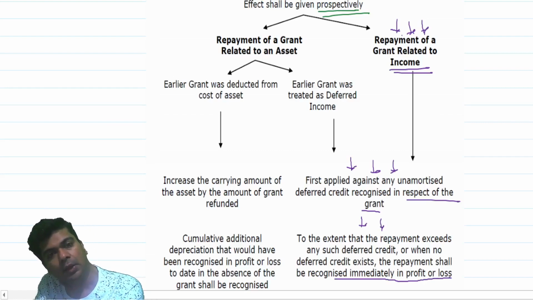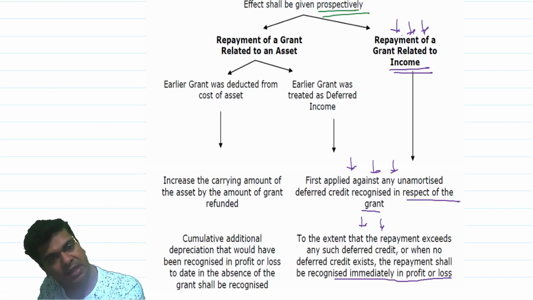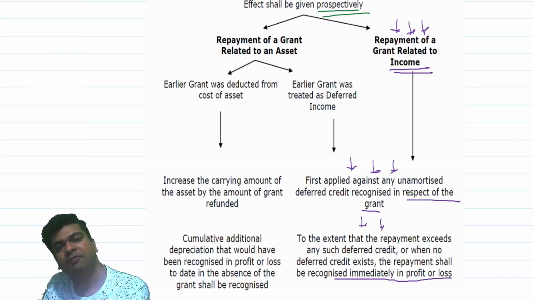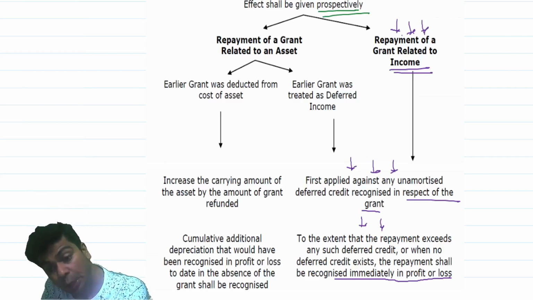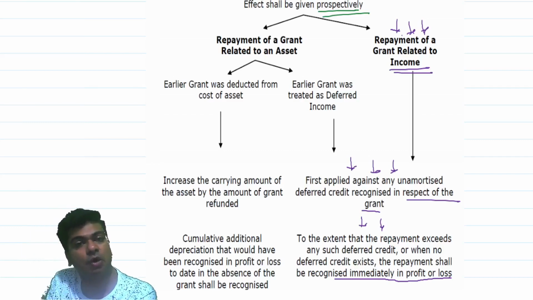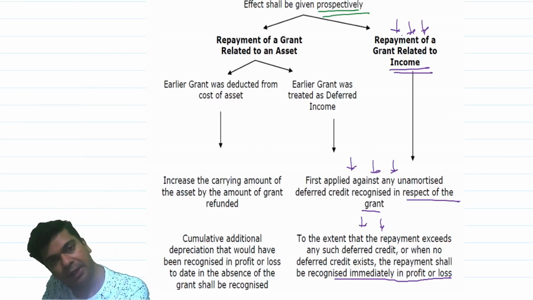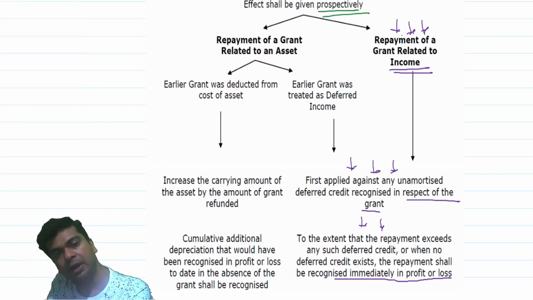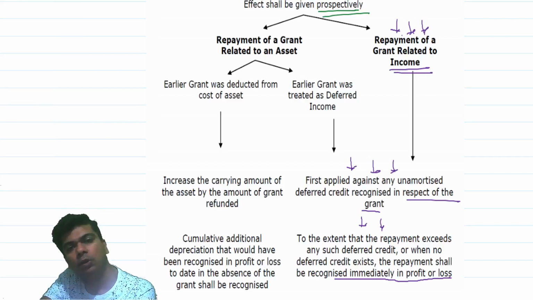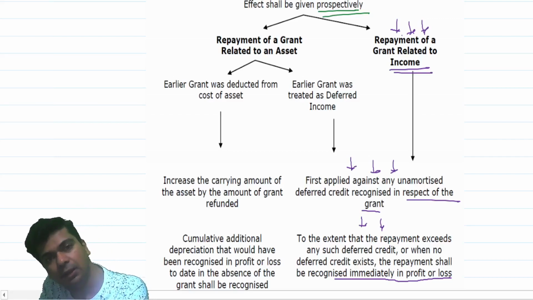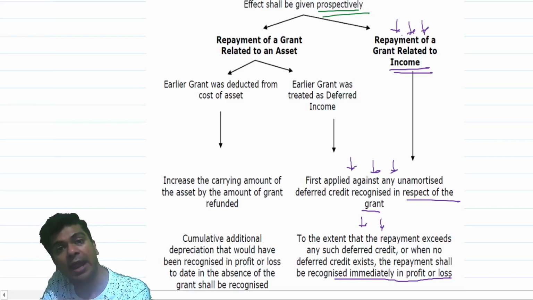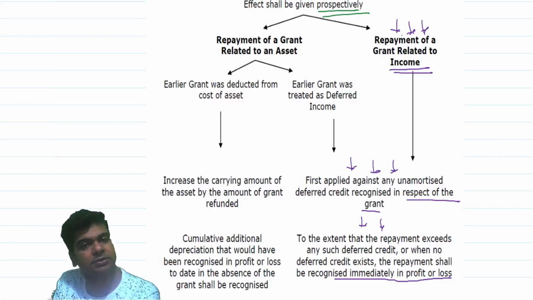Getting it? In the case that they have given to us, we are going to refund the government grant. Ask yourself, do you have any balance of unamortized deferred credit? You received a government grant of 10 crores and entire 10 crores is already recognized in the P&L. It means I do not have any unamortized balance.